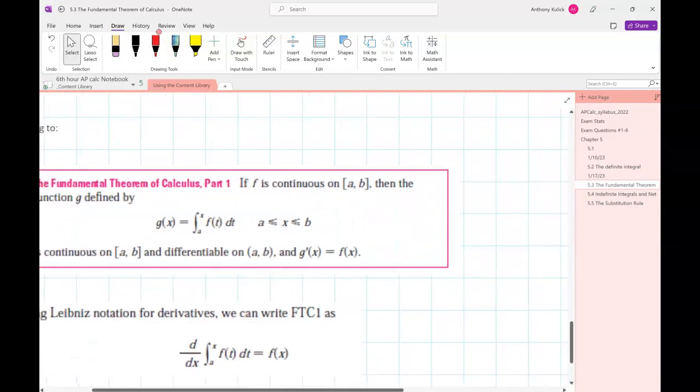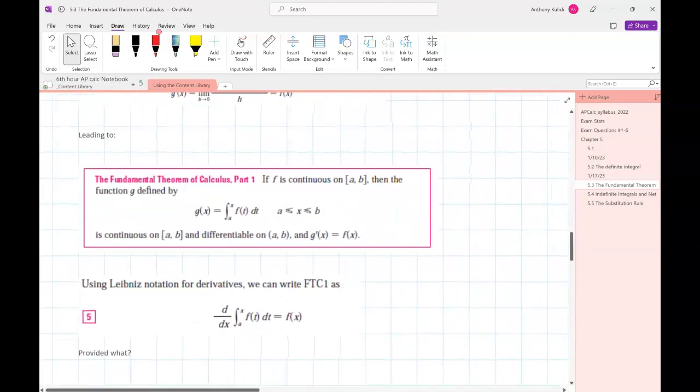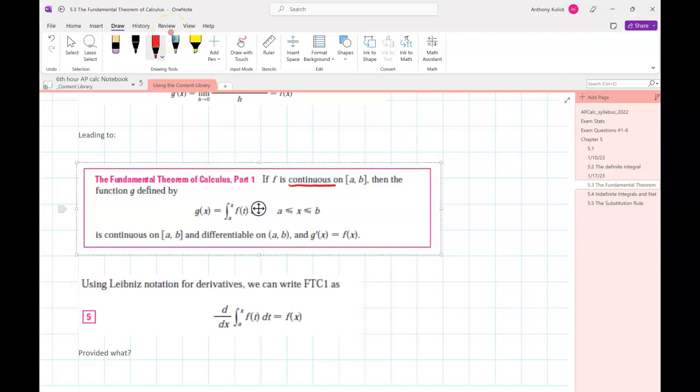So we formalize that as the fundamental theorem of calculus part 1. Now we do have some limits on when this is going to work. My function that I'm taking the integral of has to be continuous on the interval we're integrating on.